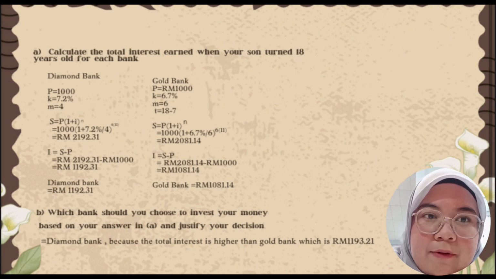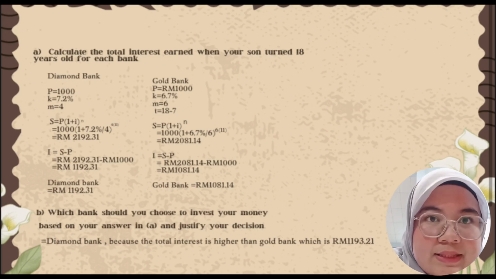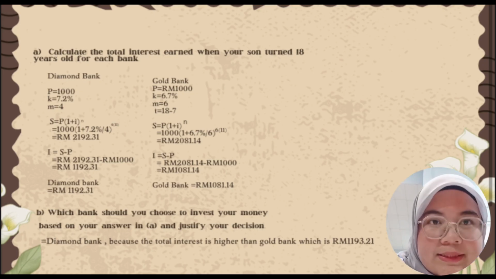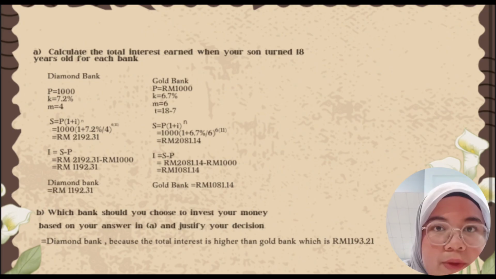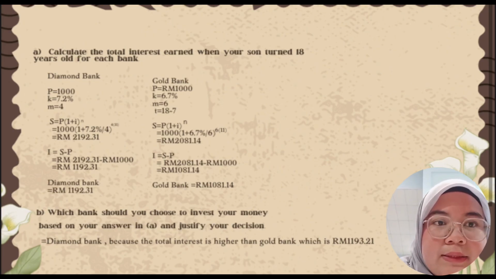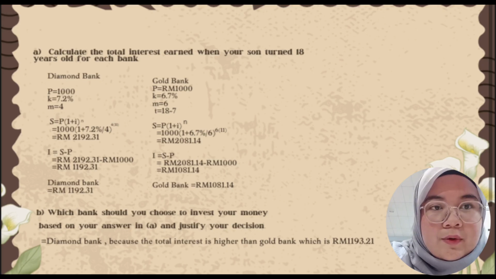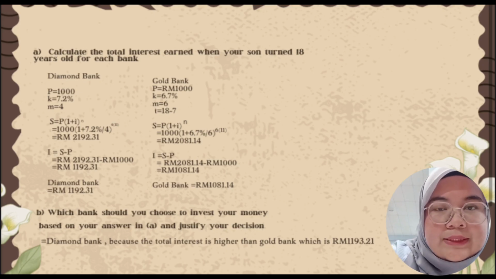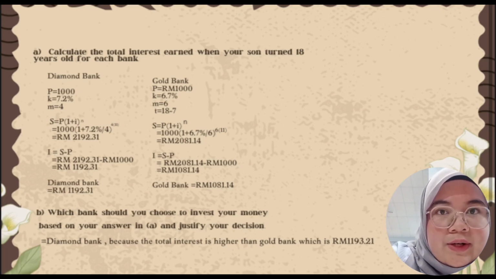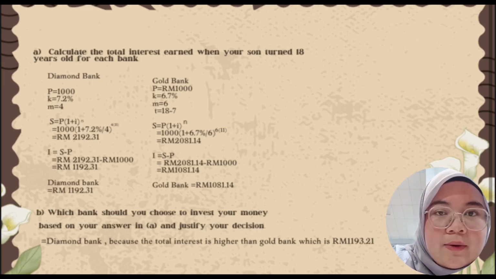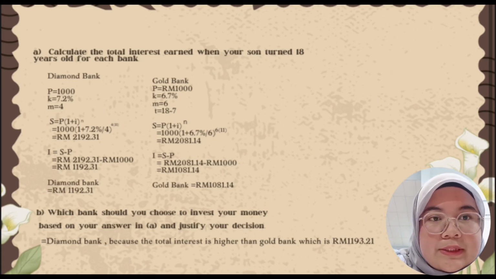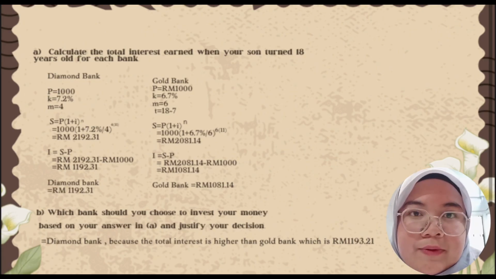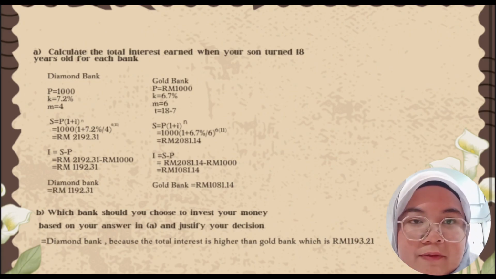When we calculate it, S equals RM 2,192.31. Then we use the interest formula, which is I equals S minus P. So we take the compound amount, 2,192.31 minus 1,000, which equals 1,192.31.